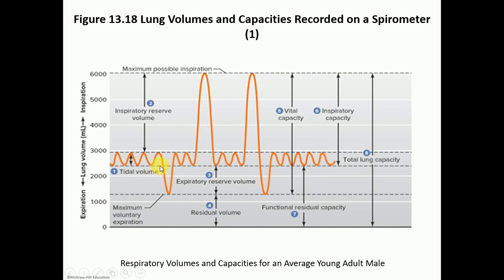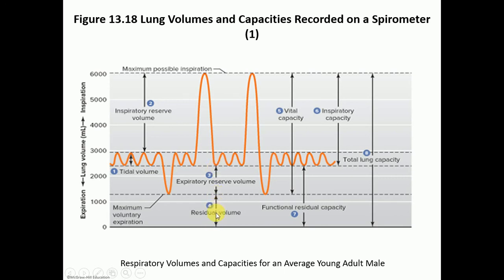Okay, the expiratory reserve volume works the same way, but it's the opposite. So the expiratory reserve volume is the maximal amount of air you can exhale after a normal exhalation.